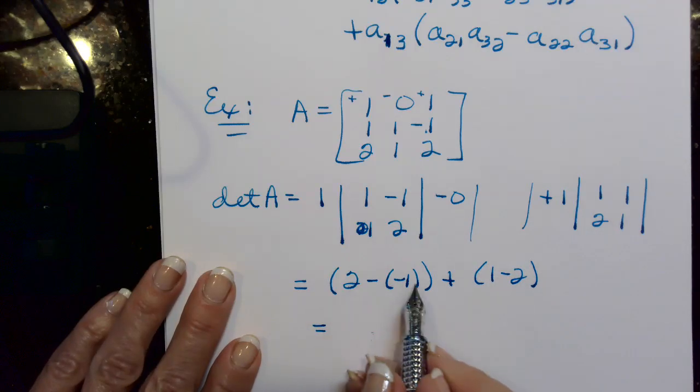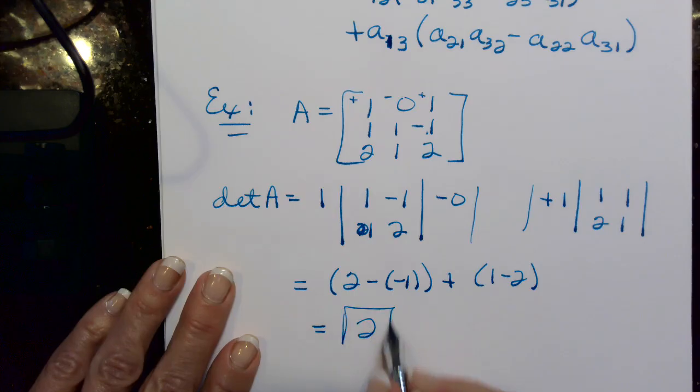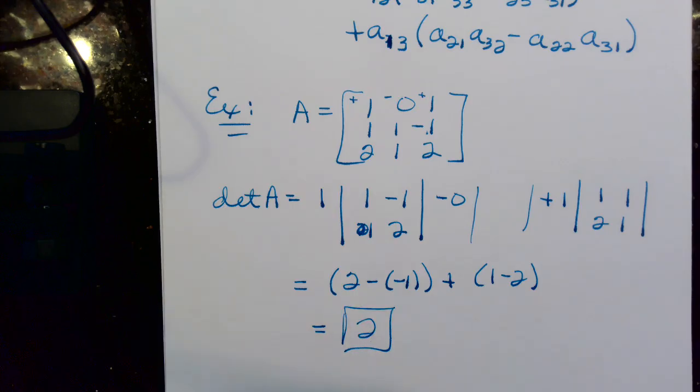Okay, so this is 2 and 1 is 3, minus 1 is 2, so the determinant is 2. Okay, so that's a very easy way to do determinants of 3 by 3 matrices. It's called expansion by minors. Okay, that's it. Be back in a bit with n by n matrices.